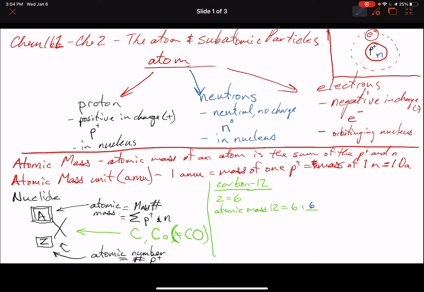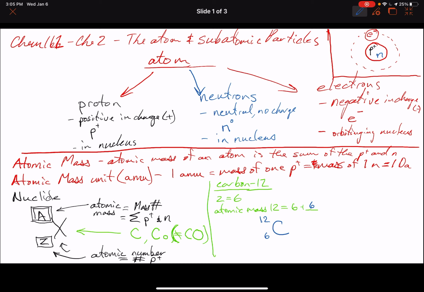Okay, so that's how the mass number helps us understand the overall nuclear count of protons and neutrons. Applying our nuclide script to this, we're going to need capital C, not any additional information. We want to apply the mass number, 12, to the superscript left-hand position, and we want to apply the atomic number, which is the number of protons, as the subscript to the left position.